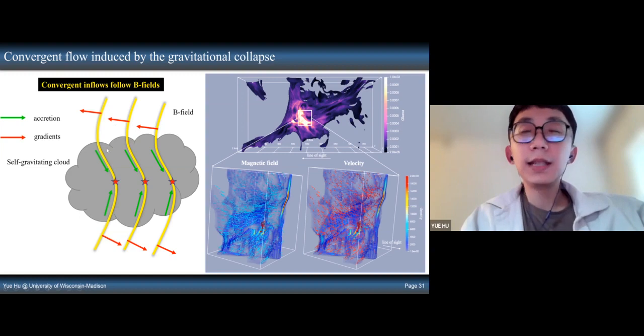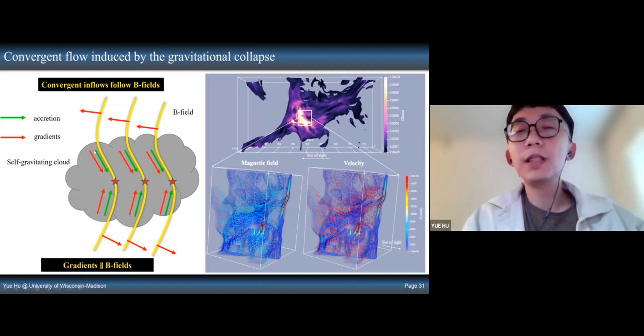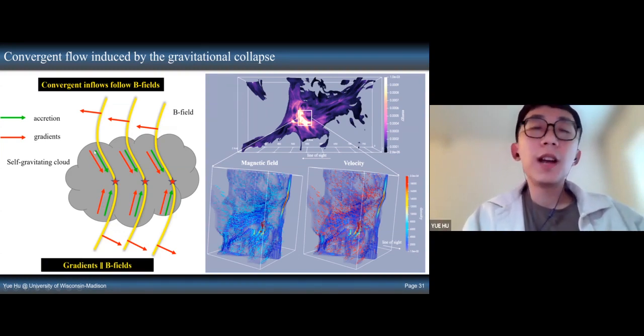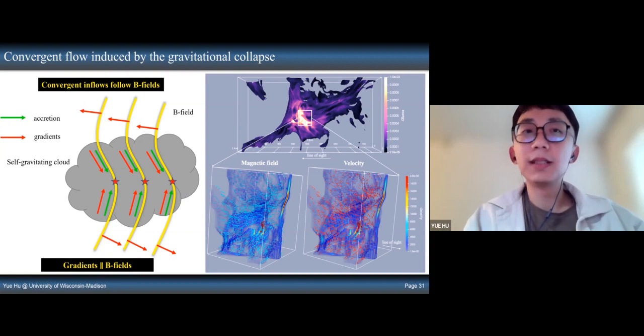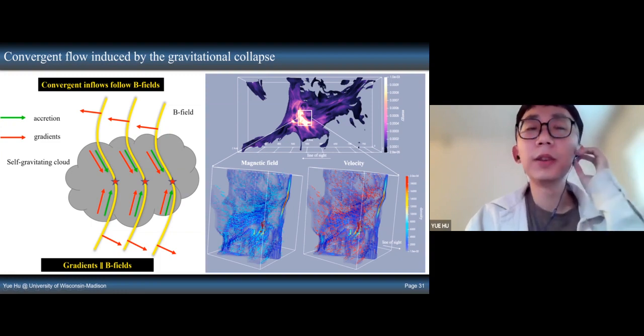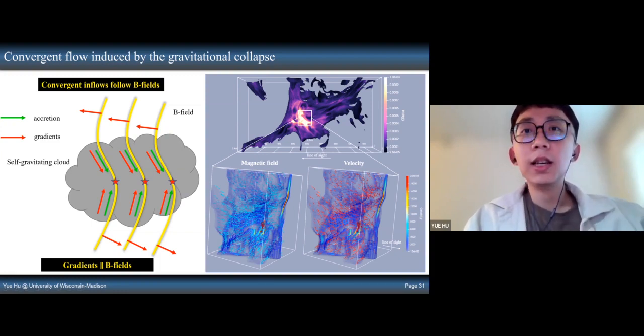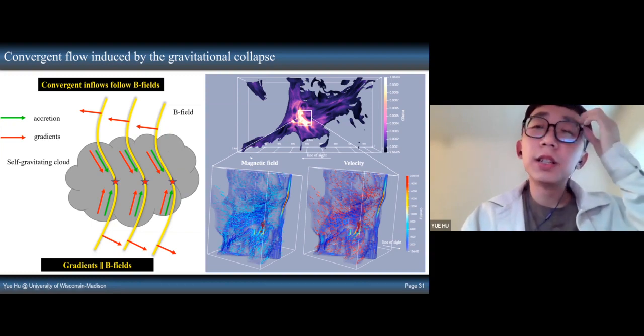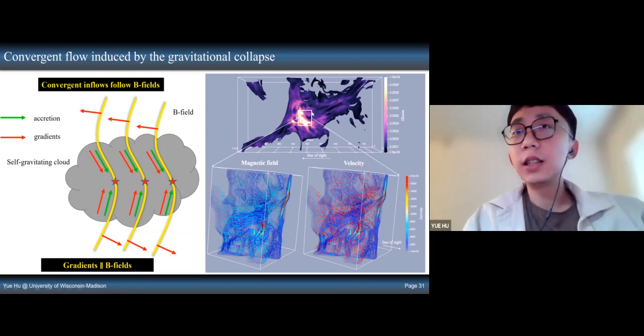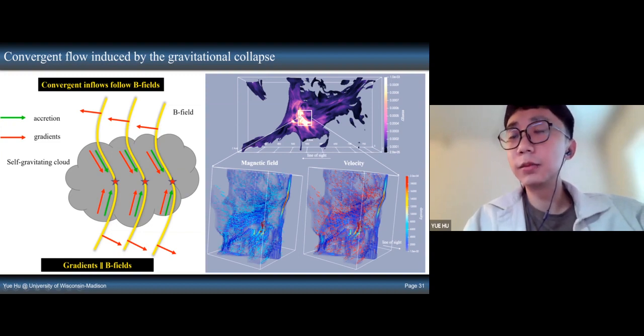But that's not the case if we have gravitational collapse, because strong gravity will drag everything into the collapsing center, including the velocity gradient. The velocity gradient in this case, in gravitational collapse, will be dominated by the inflow or accretion, so it will become parallel to the magnetic field. This is also observed in our numerical simulation, like here, a very dense molecular core that is gravitationally collapsing.